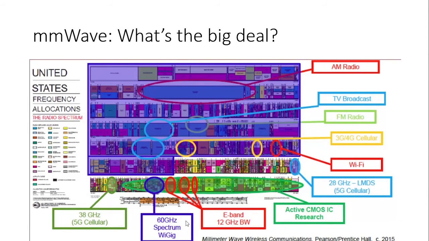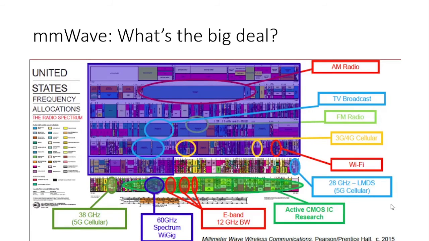And next is millimeter wave. So what's the big deal here? Millimeter wave, or mmWave, is a spectrum or frequency band that ranges from 30 to 300 gigahertz.